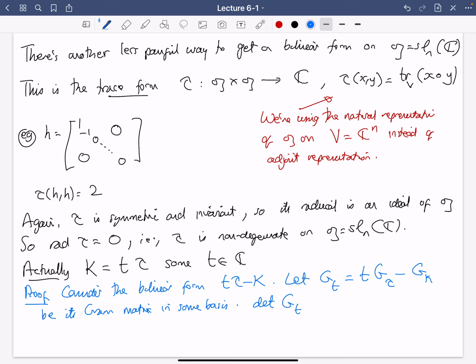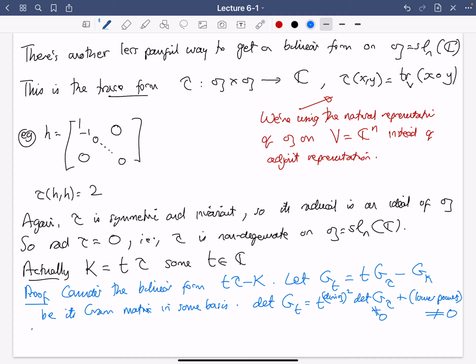The determinant of that Gram matrix, this is a dim G by dim G matrix, I'm multiplying every entry by T. So when you take the determinant, you're going to get T to the dimension of G times the determinant of G tau, and then you're going to get lower powers of T. And that determinant of the trace form was non-zero because we checked that the trace form was non-degenerate already. So this is not the zero polynomial.